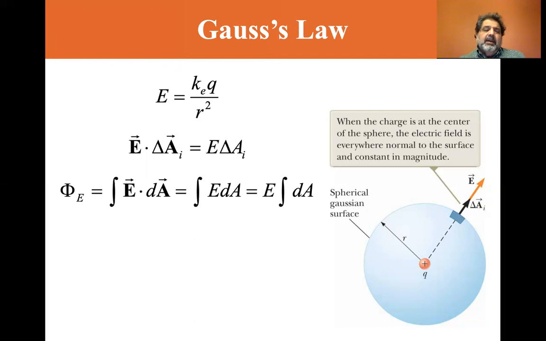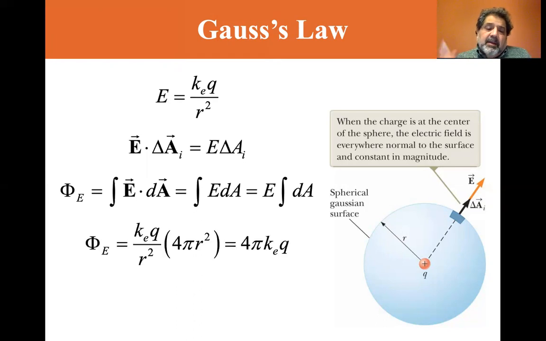So the flux is equal to the integral of all those E dot dAs, and that's because of the cosine of 0 being 1. That's just the integral of E dA, and we pull out the E, so it's E times the integral of dA, and the integral of dA is the surface of a sphere.